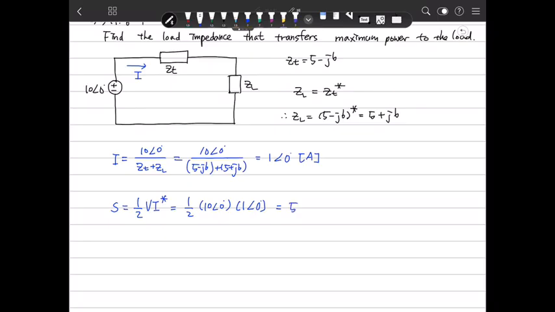That's all. The active power is 5 watt, and the reactive power is 0 var.